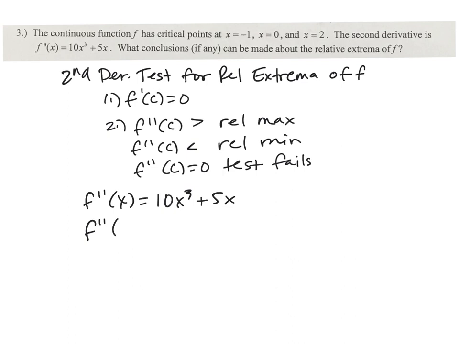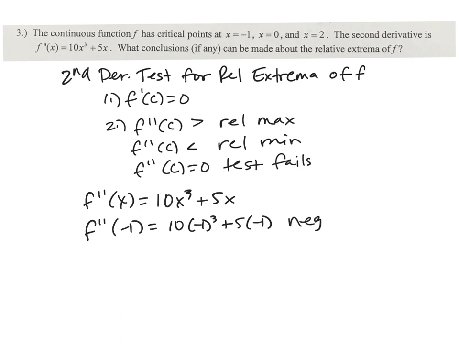So at -1, we'd have 10 times -1 cubed plus 5 times -1. Now, am I really interested in what that number actually is? No, not really. I just need to know if it's positive or negative. So this is going to be negative because we have a negative plus another negative. So I know that this is going to be a negative number.